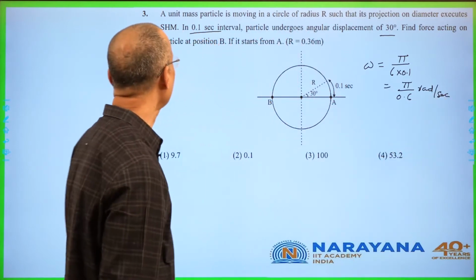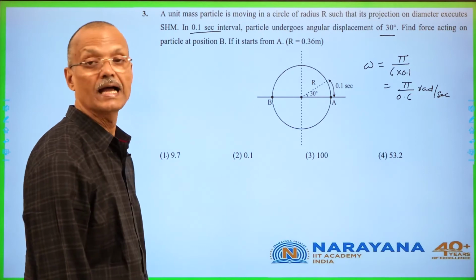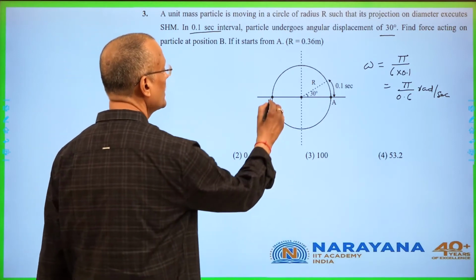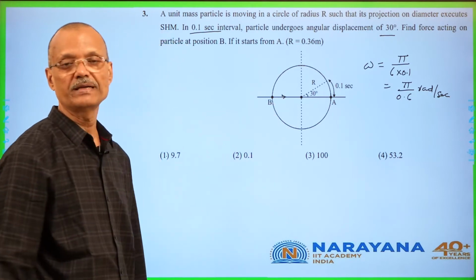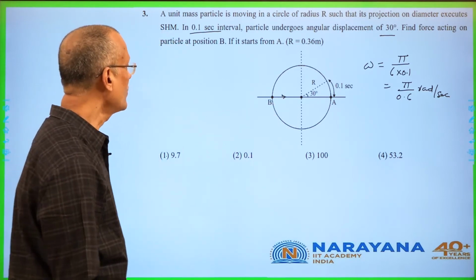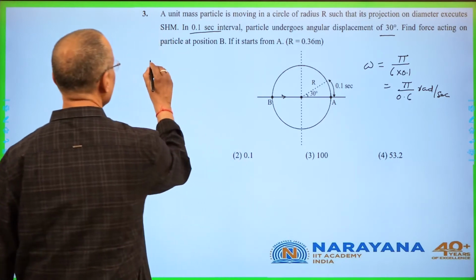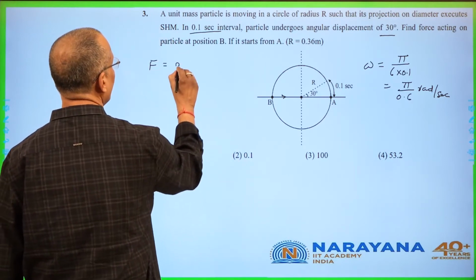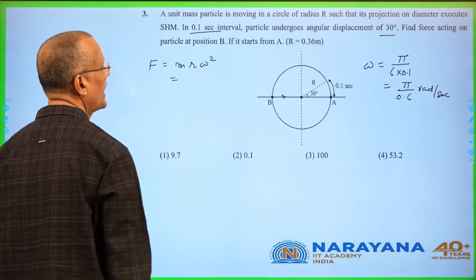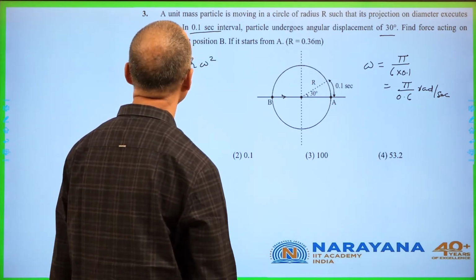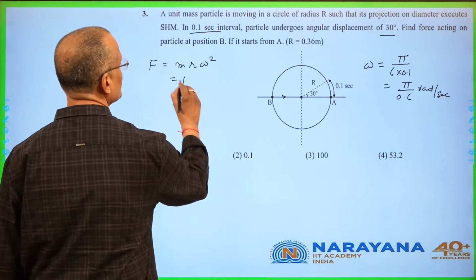They are asking you to find the force acting on the particle at position B. Here only one force is acting, that is your centripetal force. So the force, F, is m r omega squared. Now check what quantity: unit mass, it is 1.